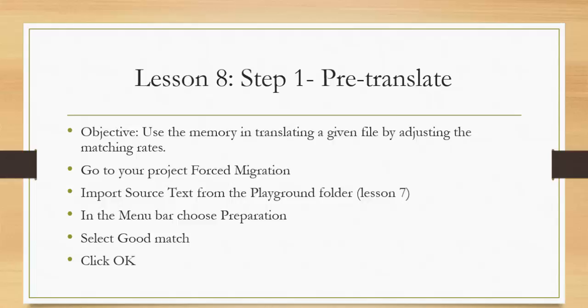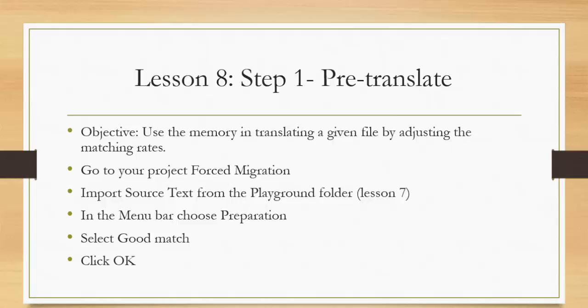So in lesson 8 we will work with the pre-translate, and we'll also work on the issue of tagging, and then maybe in lesson 9 we will make some changes to the file and see how we can translate by using the memory already stored, and make the changes required for the new files.